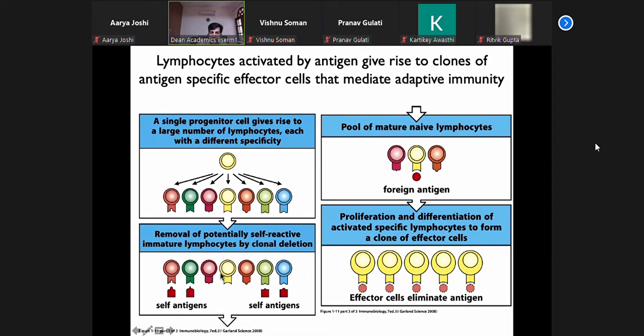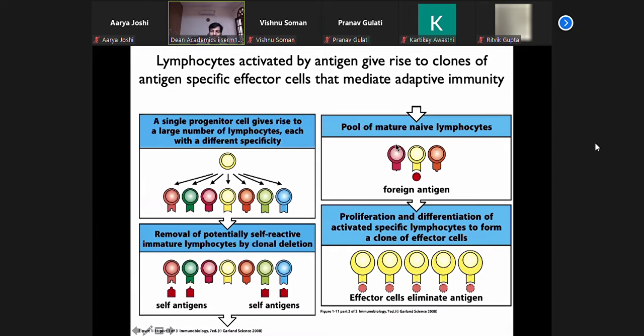Is that clear? That autoreactive cells are deleted. The process is called clonal deletion. You are left with a pool of non-autoreactive cells, which then become mature and populate peripheral lymphoid organs, in other words, secondary lymphoid organs, and they are also present in circulation.